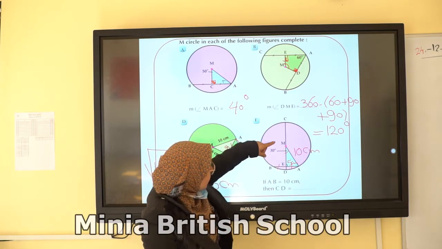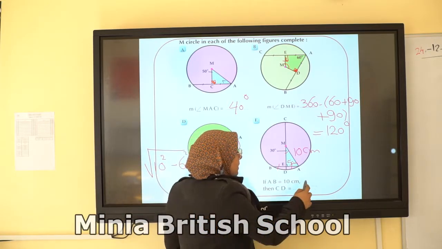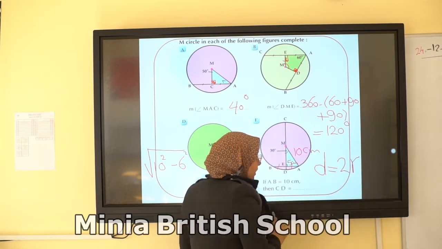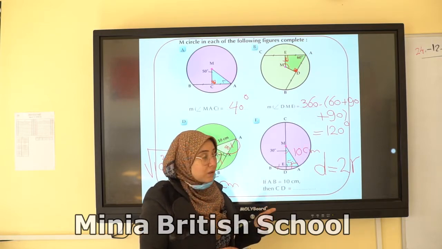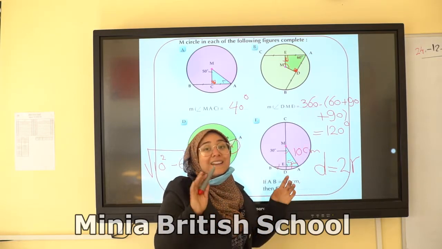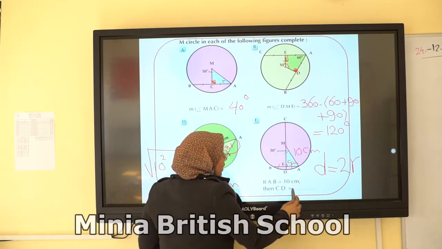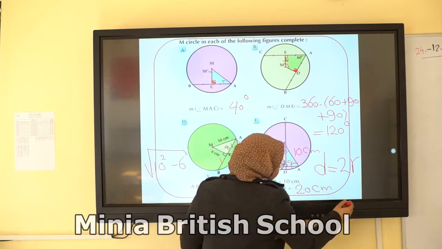This hypotenuse ME represents the radius of the circle, and we know the diameter of the circle equals twice the radius, and the radius equals 10 centimeters. So the diameter equals 20. Therefore, CD equals 20 centimeters.